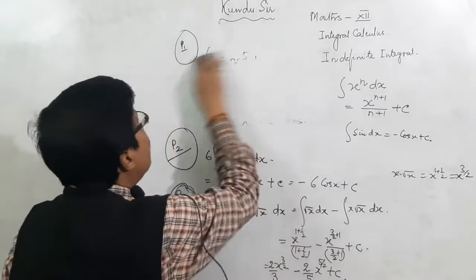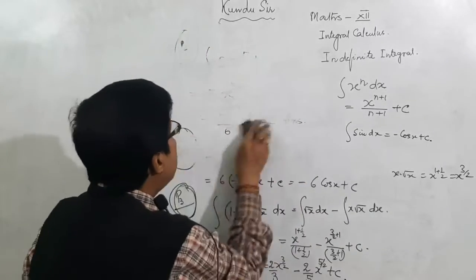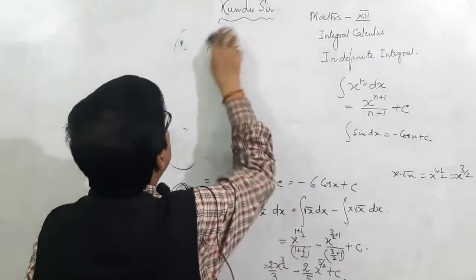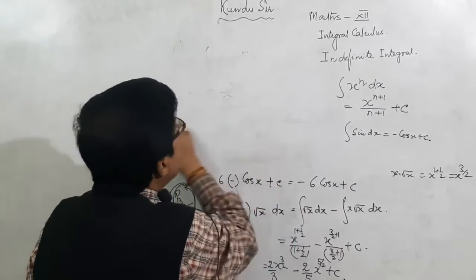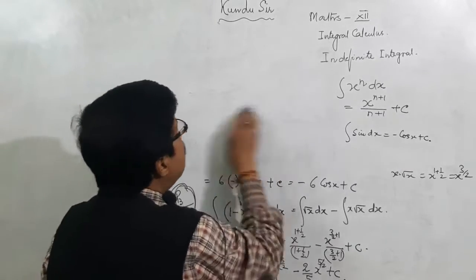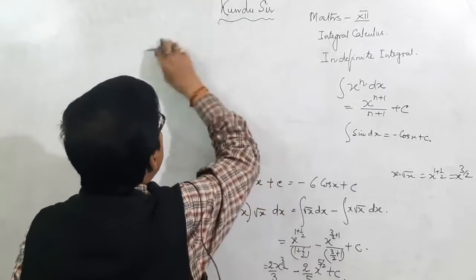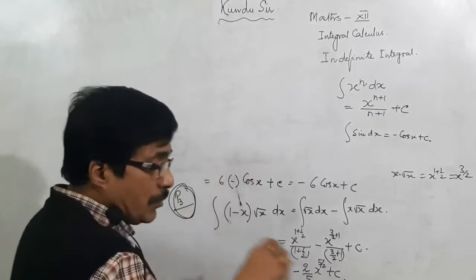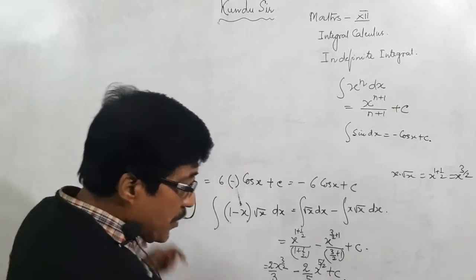Now problem number 4, as a revision class, so that we can learn from level 0, then level 1, then level 2, then level 3.